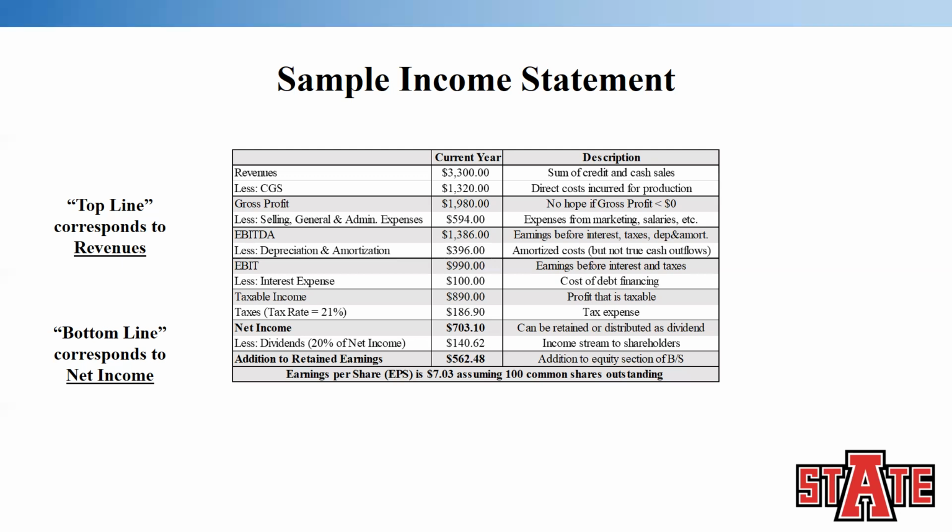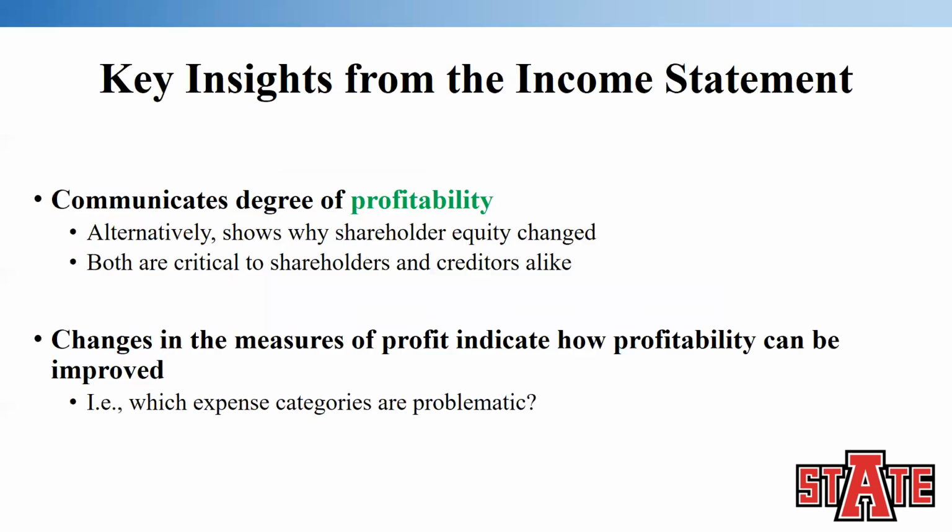So now, once you've walked through the income statement, you can really get a feel for how to increase earnings per share. Do I need to seek to lower cost of goods sold? Do I need to lower SG&A? Do I need to lower my interest expense? Those are the keys to increasing net income and earnings per share.